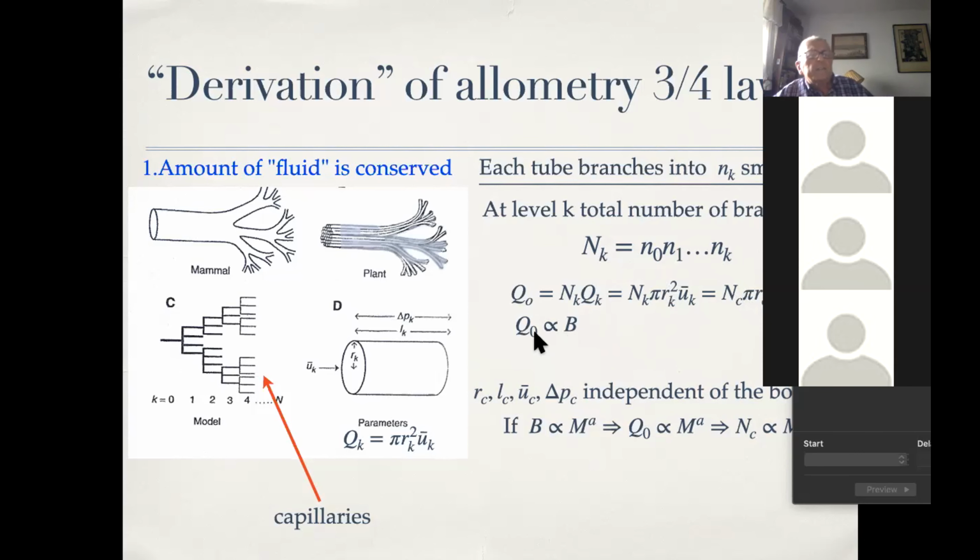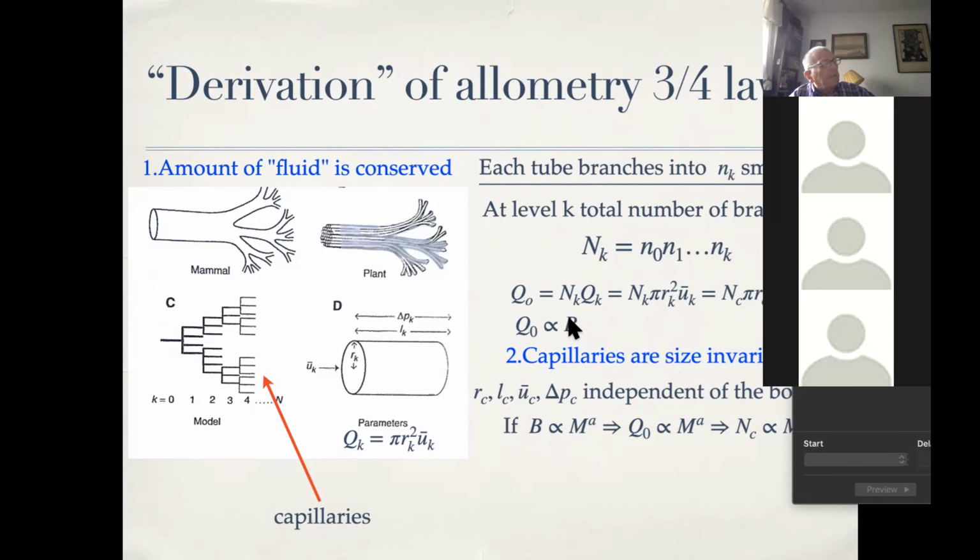Because the flow in the zero layer of my network is essentially proportional to the metabolic rate, I have a relation between the metabolic rate and the number of tubes in the capillary layer.